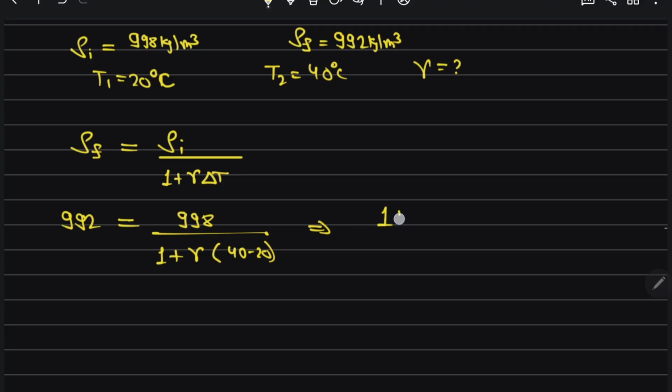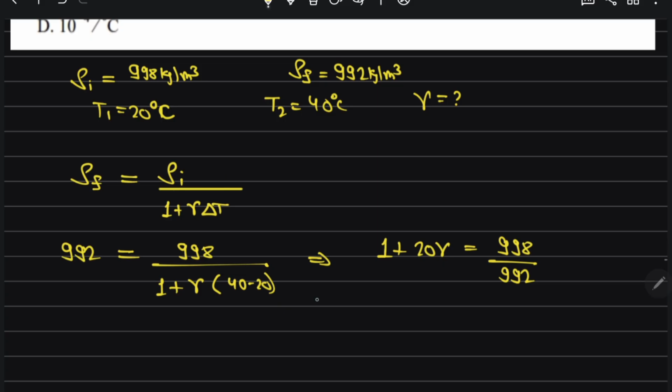So 1 plus 20 gamma is equal to 998 divided by 992.